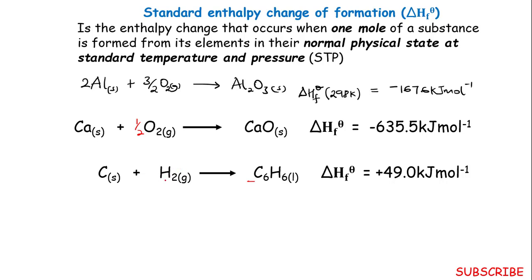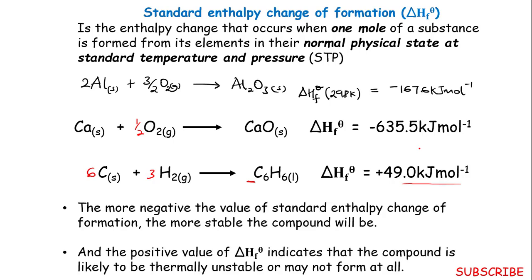So we have to balance the left hand side so that we get 1 mole of benzene. So we shall put here 6 and a 3. And the enthalpy change of formation of benzene will be positive 49 kilojoules per mole. We shall see that most of them are actually negative, but in this case even endothermic reactions can occur.